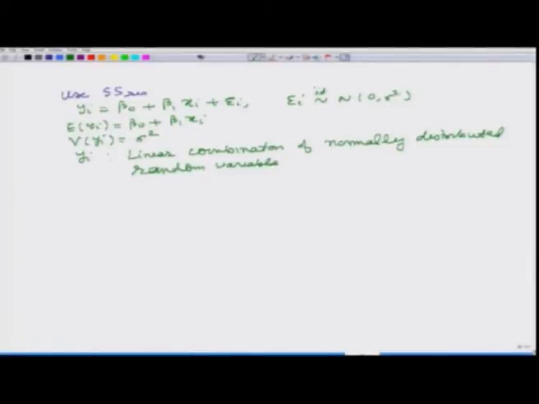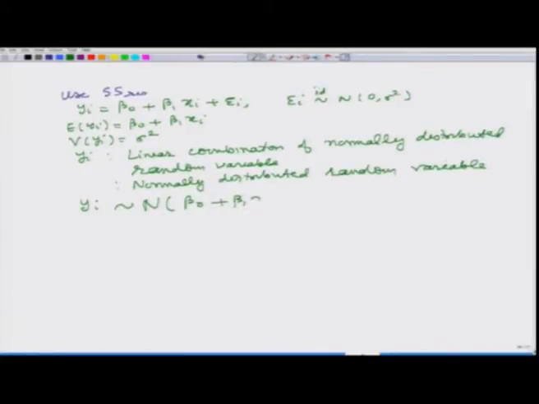So, I can also write that yi will also be a normally distributed random variable. Right. So, I can write down here yi's are going to follow a normal distribution with mean beta 0 plus beta 1 xi and variance sigma square, right.